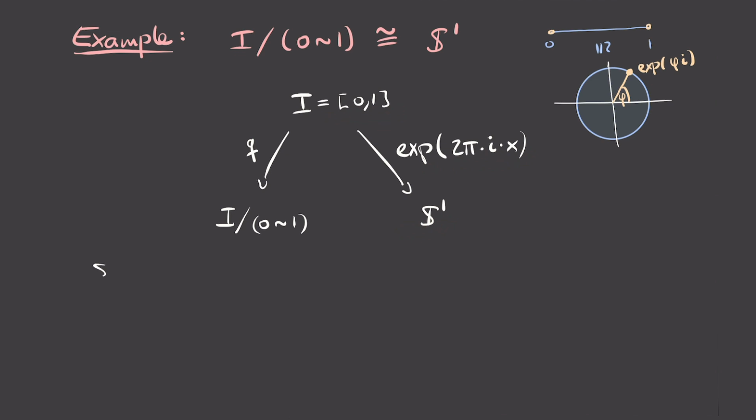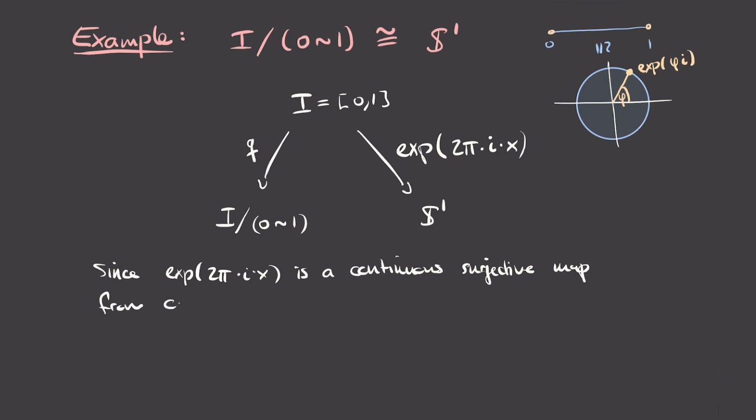So we write: since exp(2 pi i x) is a continuous surjective map from a compact space to a Hausdorff space, it is a quotient map. So this is one of the parts of the closed map lemma we proved just before.